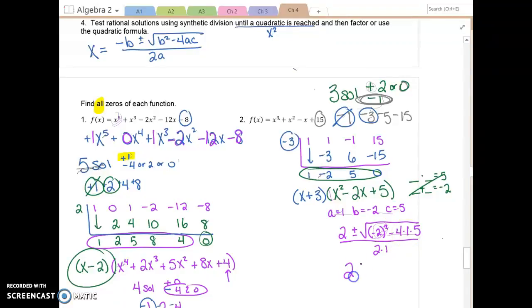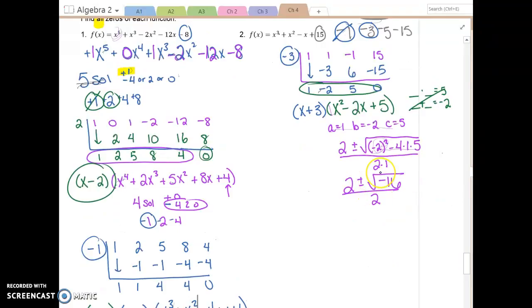So we have 2 plus or minus the square root of negative 16 divided by 2. Think about the square root of negative 16. That splits into the square root of negative 1 times the square root of 16. The square root of 16 is 4. The square root of negative 1 is i. So this is 2 plus or minus 4i divided by 2.